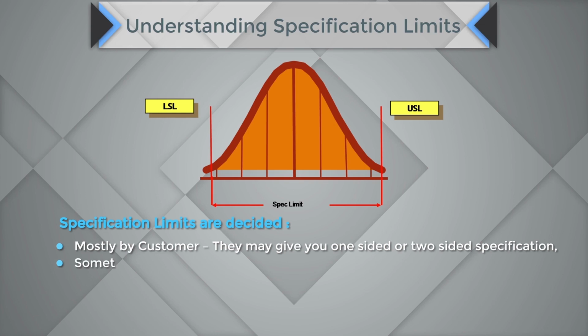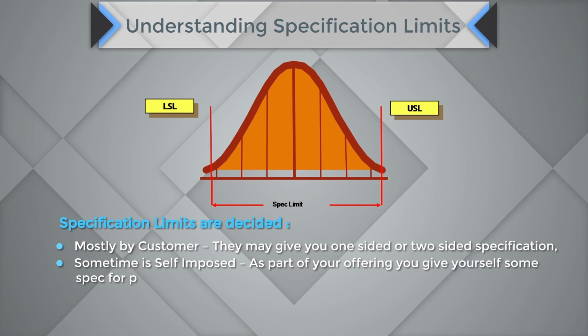Specification limits sometimes are self-imposed. As a part of your offering, you give yourself some specification for performance. Let's say Domino's has given itself a target of supplying pizza in 30 minutes. And sometimes these specification limits come from the law of the land. The law of the land can also specify acceptance tolerance.